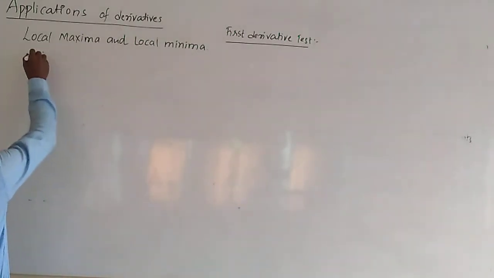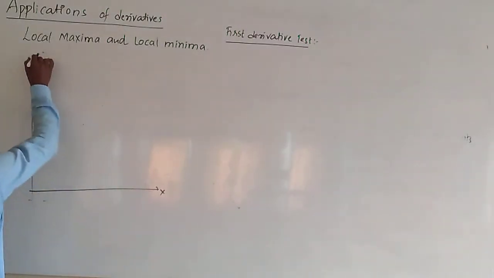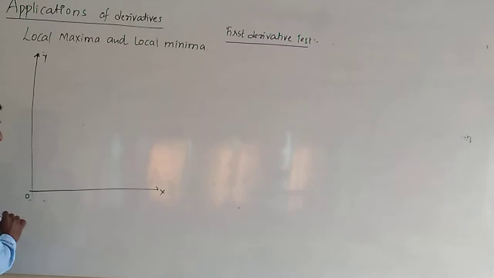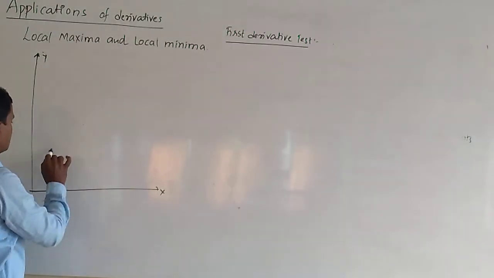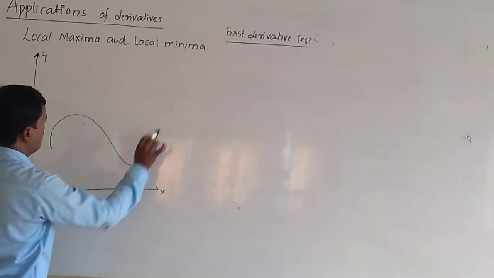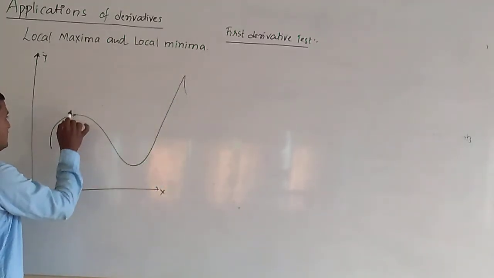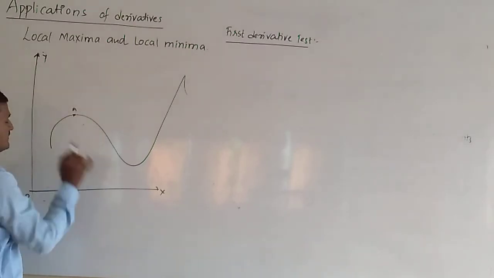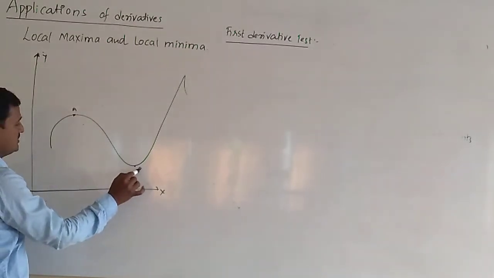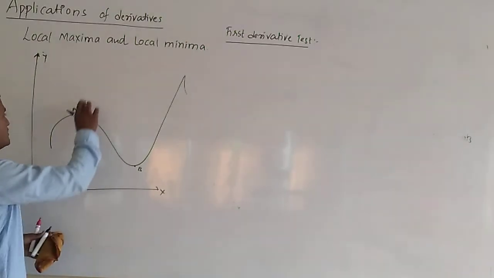For this I will take the same graph. Here it is the x-axis, here it is the y-axis, and here it is the origin. So this is the graph of the function. Here this is a point A, this is a point B, and clearly A and B are the critical points.